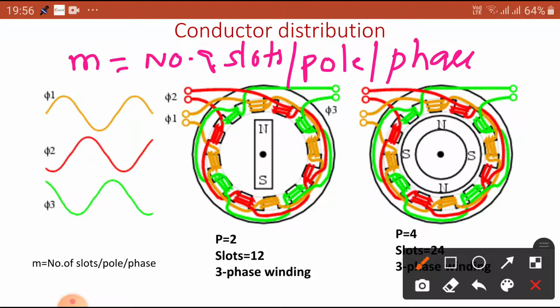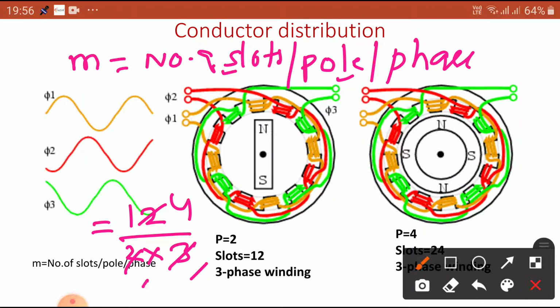So here, a three phase supply machine, number of slots 12, and number of poles equal to 2, into number of phases, 3. 3 ones are 3, 3 fours are 12, 2 ones are 2, 2 twos are 4. That means here the number of slots per pole per phase is 2.